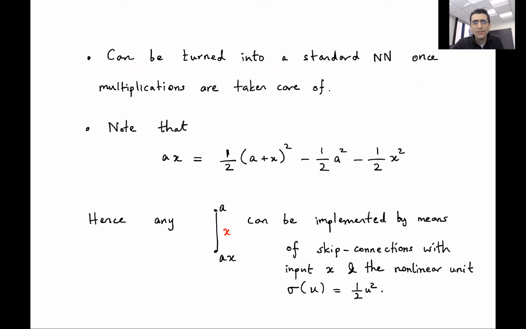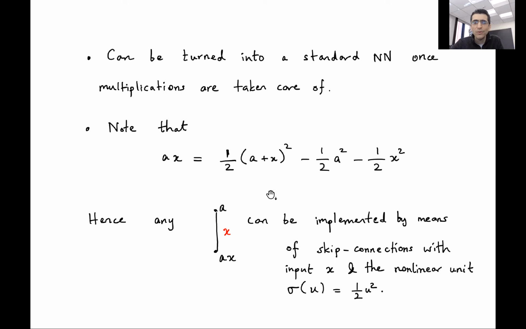So the observation here is this. We're interested in multiplication by x of any number a. At any node, we have a number a, and we want to multiply by x. This is an algebraic identity: a times x is 1/2 (a plus x) squared minus 1/2 a squared minus 1/2 x squared.